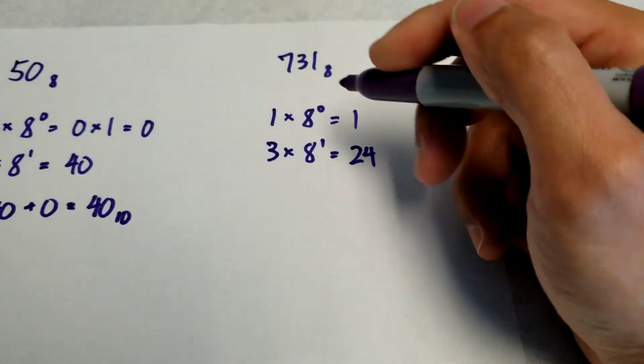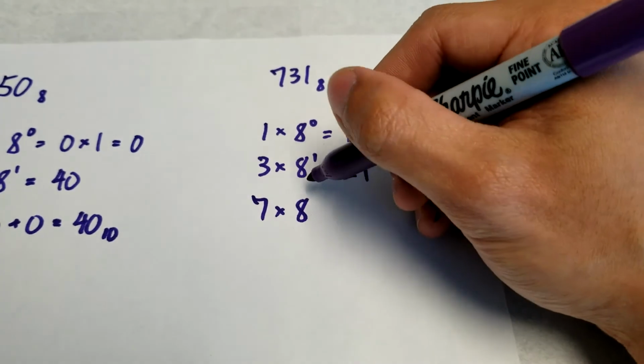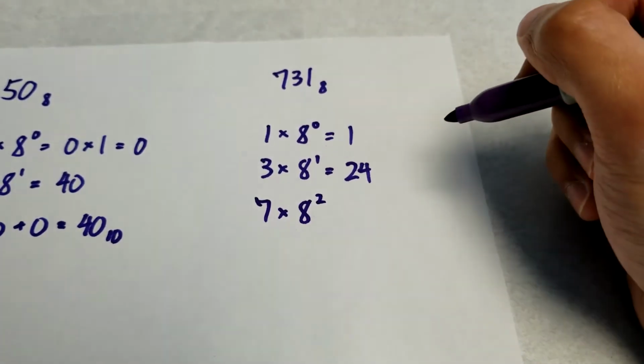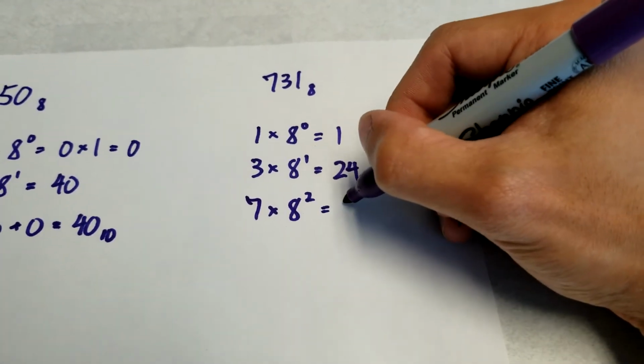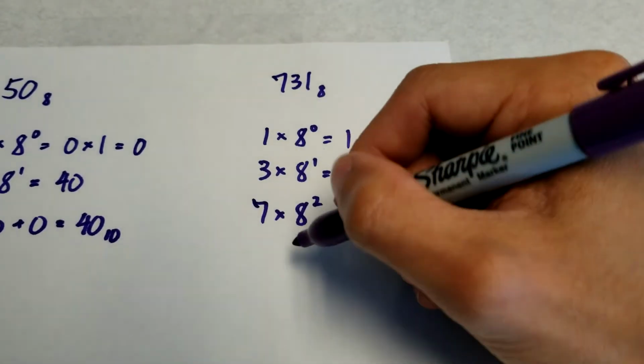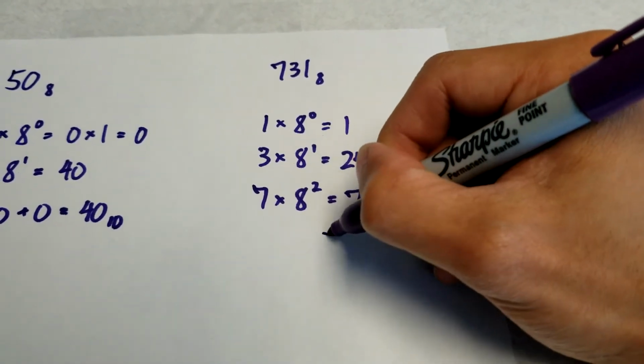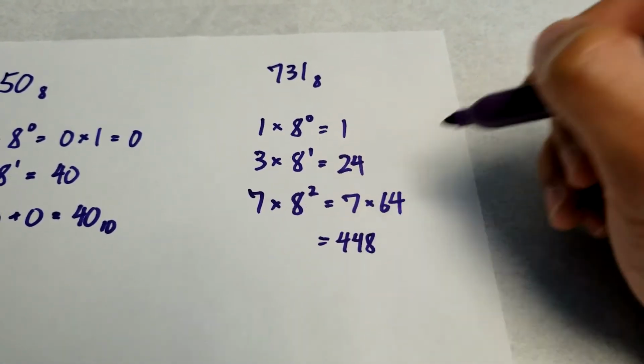And then the last digit right here, 7. So 7 times 8 to the power of 2. So that means 7 times 64. When you put it in a calculator, that will get you 448.